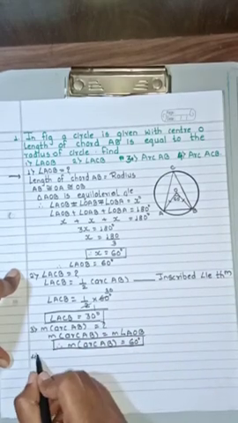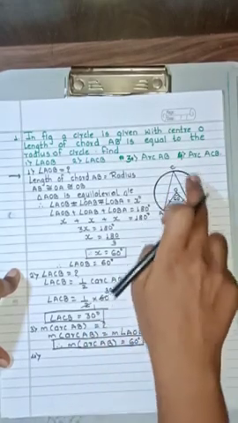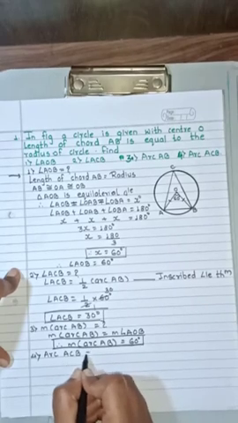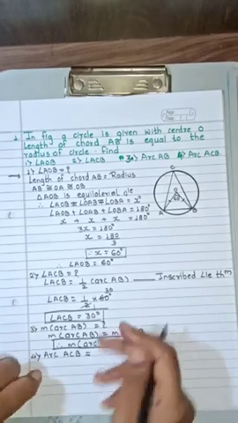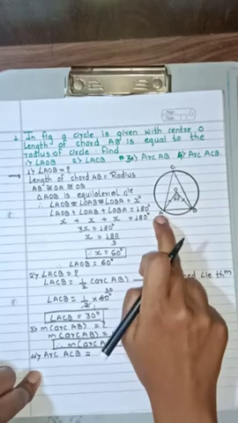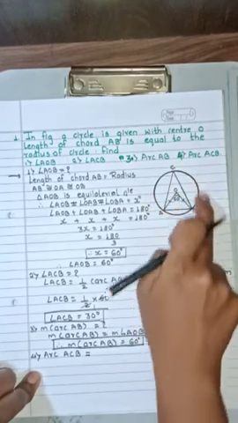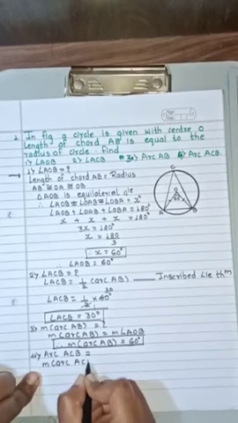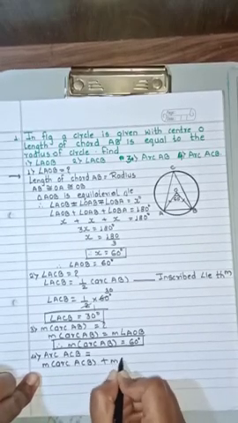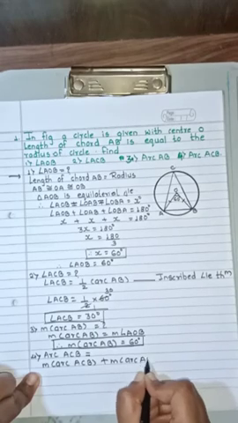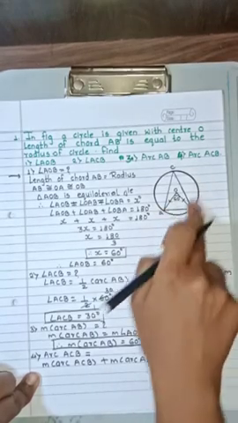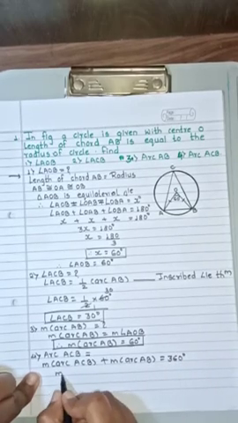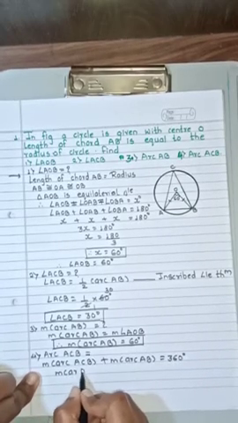Now the fourth one. You have to find arc ACB, this major arc. If you see this circle, it is arc AB plus arc ACB. The measurement of arc ACB plus the measurement of arc AB is totally 360 degrees.